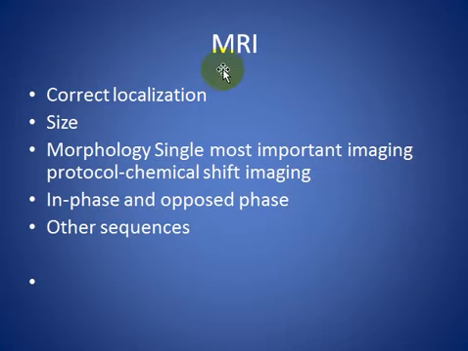MRI gives correct localization and size. Morphology is the single most important imaging. The protocol is chemical shift imaging, in-phase and out-of-phase sequences. Other sequences also might be helpful.